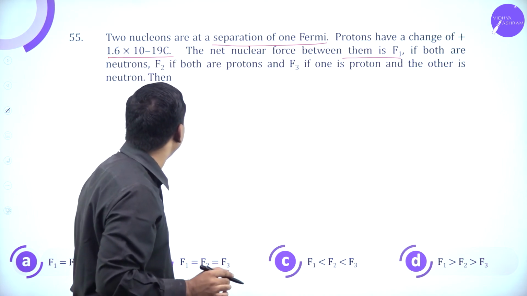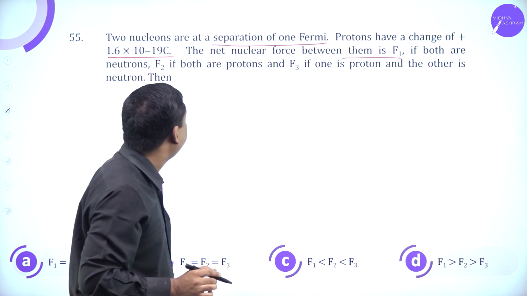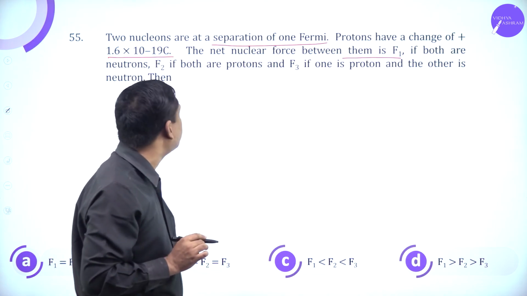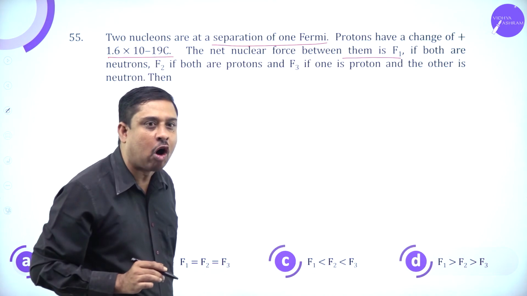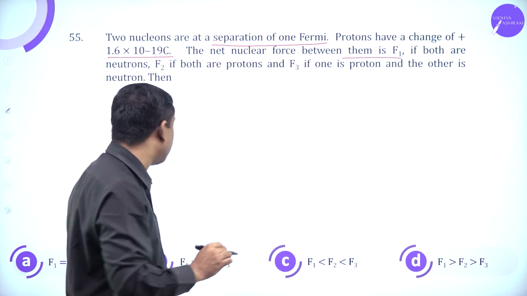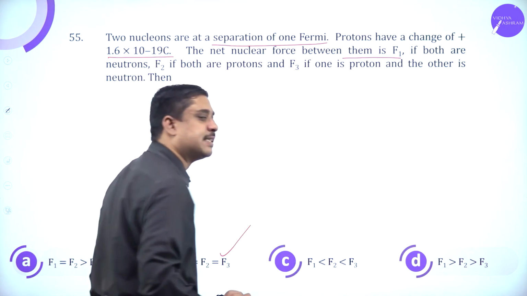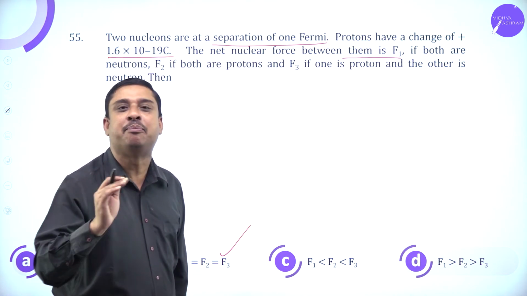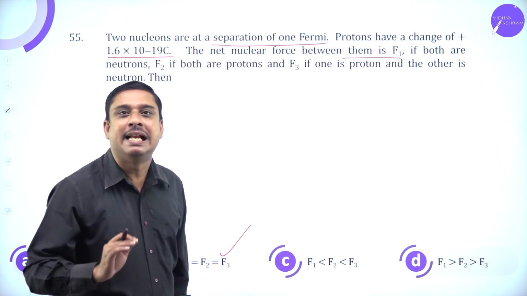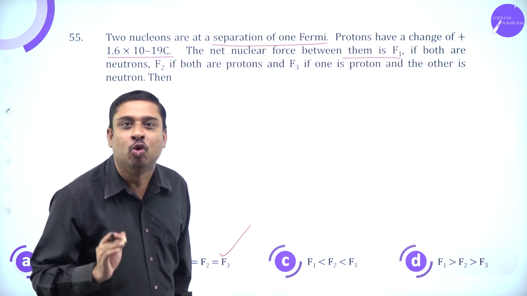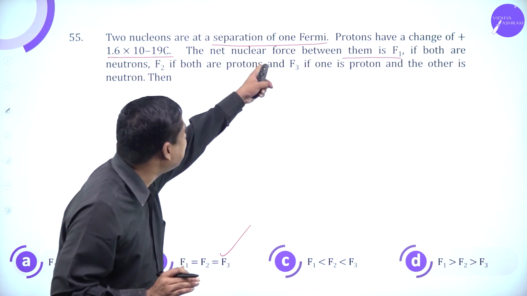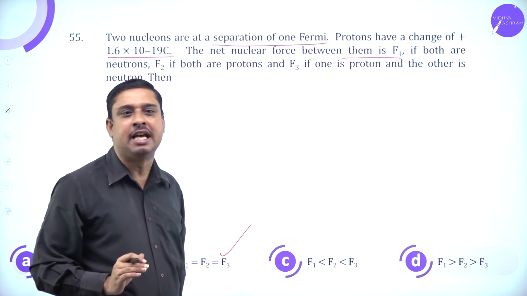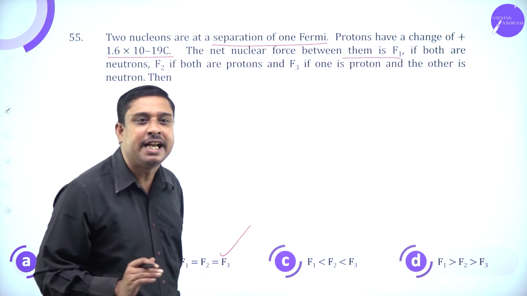If both are neutrons, F2; both are protons, F3; one is proton and the other one is neutron, the nuclear force between them is the same because nuclear force is charge independent. Until and unless the two nucleons are separated by one Fermi distance, they will have the same nuclear force, so they are charge independent.